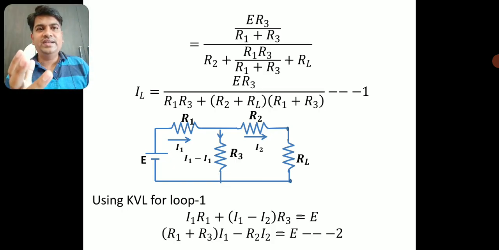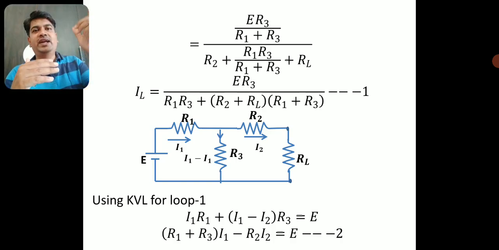So finally in the denominator I have R1 R3 and this R2 plus RL multiplied by the LCM R1 plus R3, so it is R2 plus RL into R1 plus R3. The LCM which I have taken, R1 plus R3, will cancel with the R1 plus R3 in the numerator.